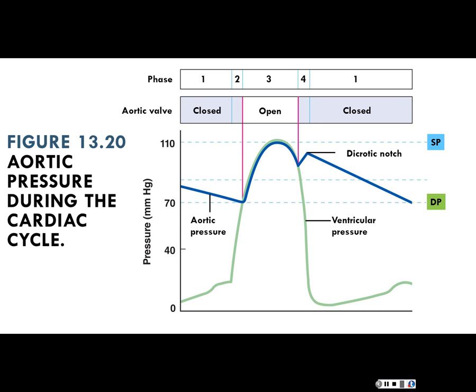Mean arterial pressure. If you remember, we got to do this 2/3, 1/3 formula. We learned that our mean arterial pressure is closer to our diastolic than our systolic pressure, because the ventricle spends almost twice as much time in diastole than it does in systole.